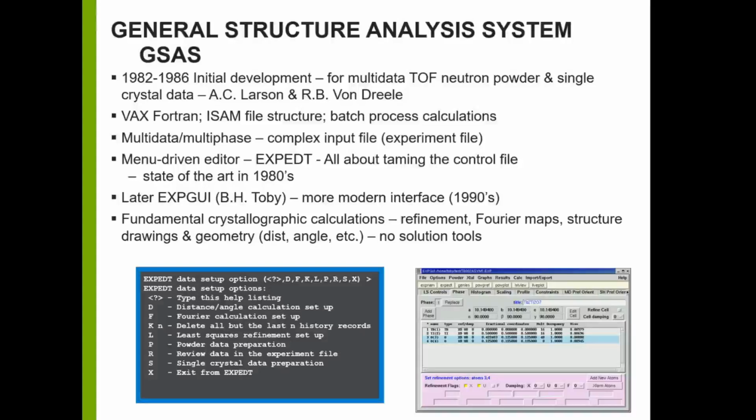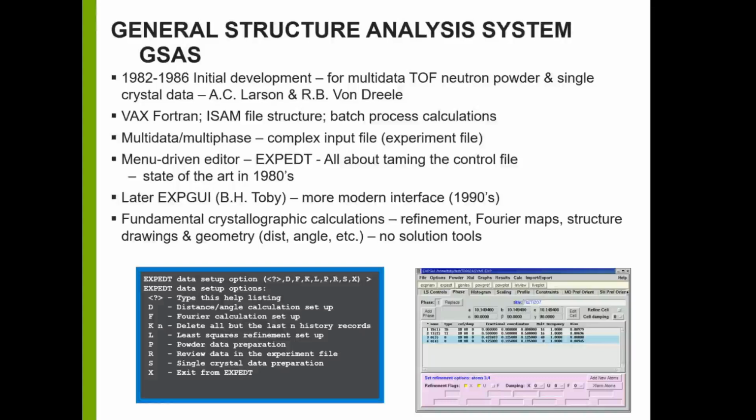And those spots had different wavelengths because it's neutron time of flight, which is really complicated. And you had to treat them separately as individual data sets. So we had to put together a program that would allow you to process multiple data sets.